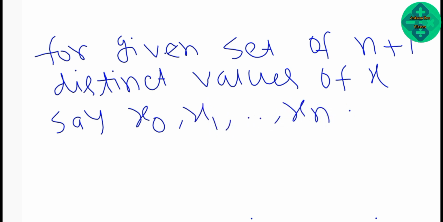Here we also assume that the function f(x) is continuous and differentiable a sufficient number of times.